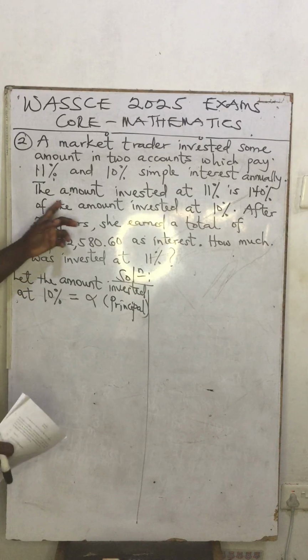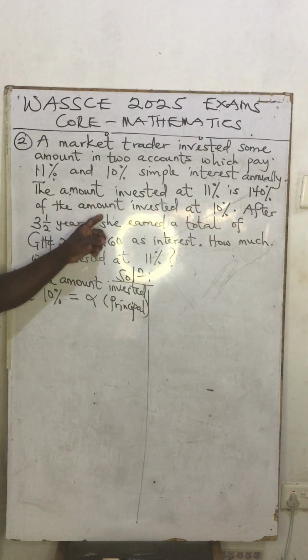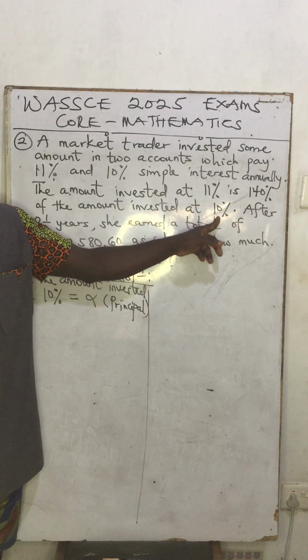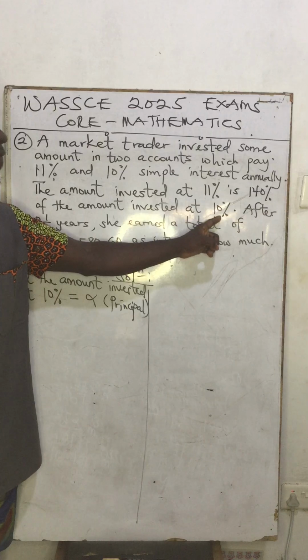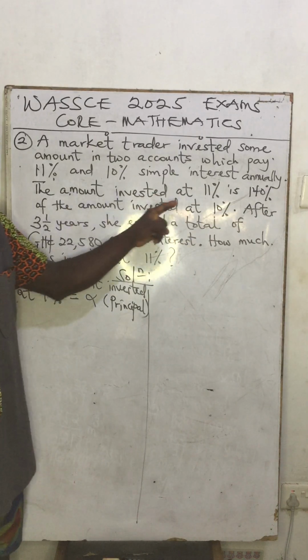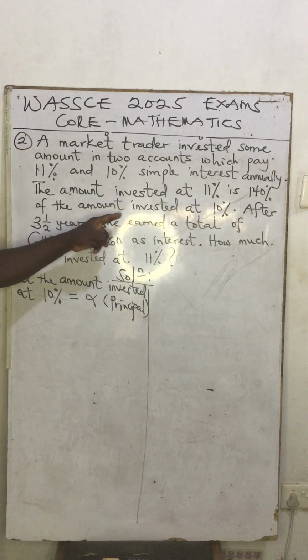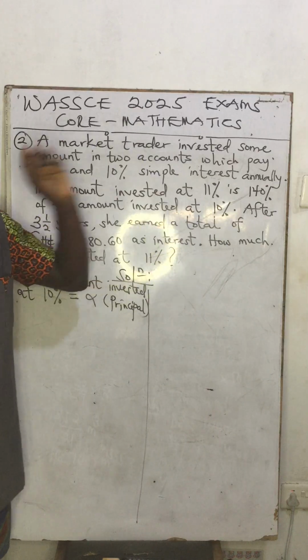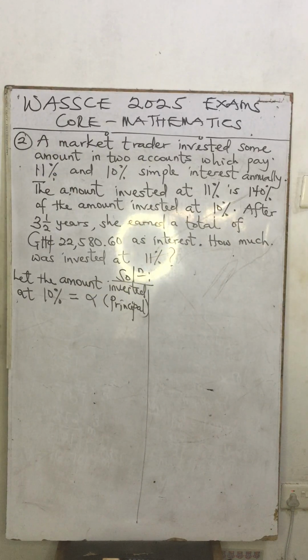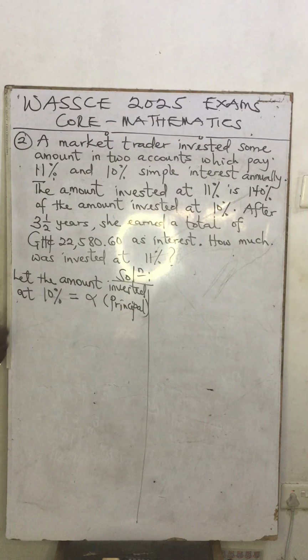Because it says here, the amount invested at 11% is 140% of the amount invested at 10%. So if you know the amount invested at 10%, you automatically get the amount invested at 11%, because it's 140% of the amount invested at 10%. So we let the amount invested at 10% be alpha, the principal.